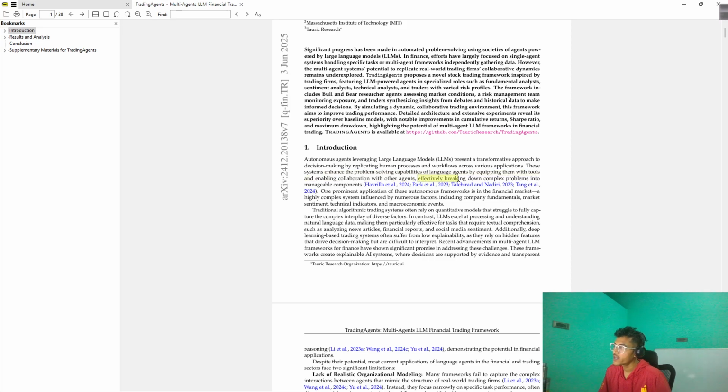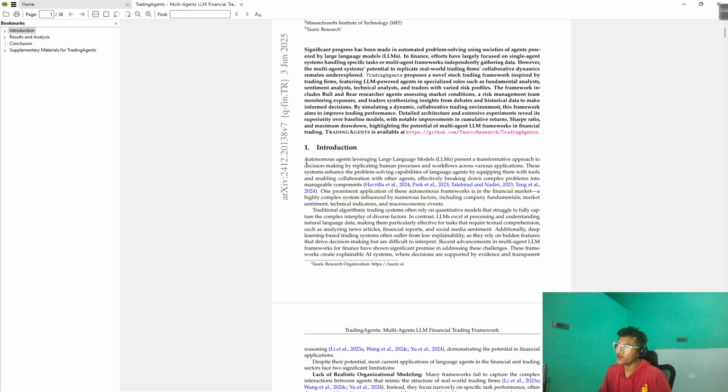Right? Now, effectively breaking down complex problems into manageable components, right? Now, one prominent application of these autonomous frameworks is in the financial market, a highly complex system influenced by numerous factors, including company fundamentals, market sentiment, technical indicators, and macroeconomic events.